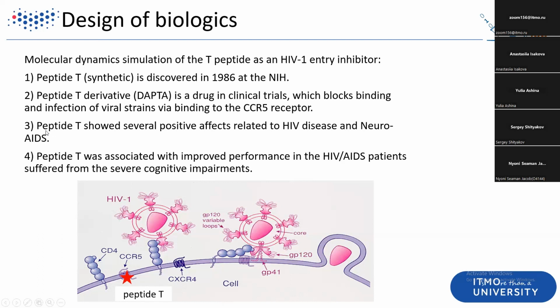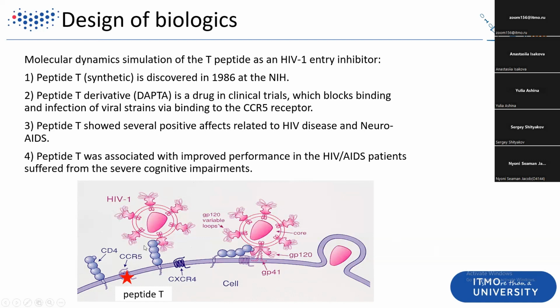So peptide T showed several positive effects related to HIV and neuro-AIDS. This peptide was associated with improved performance in patients suffering from severe cognitive impairments.